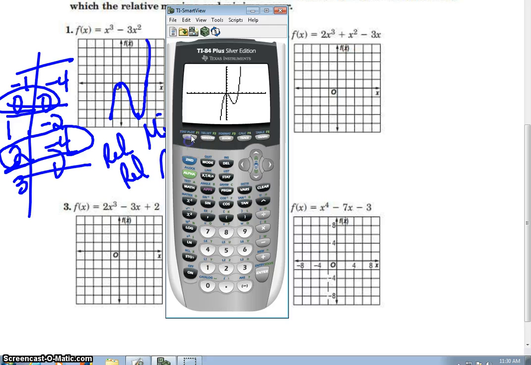So go back to y equal, clear it out, and put number 2 in. You have 2x to the third plus x squared minus 3x. So let's look at the table. And I see an actual 0 at 0 and at 1.